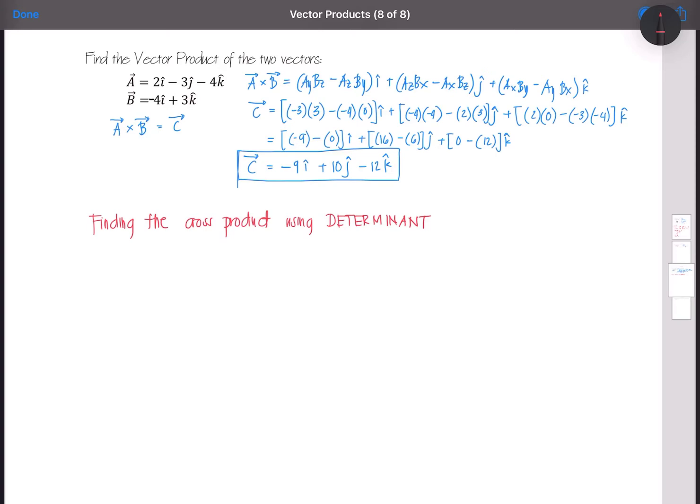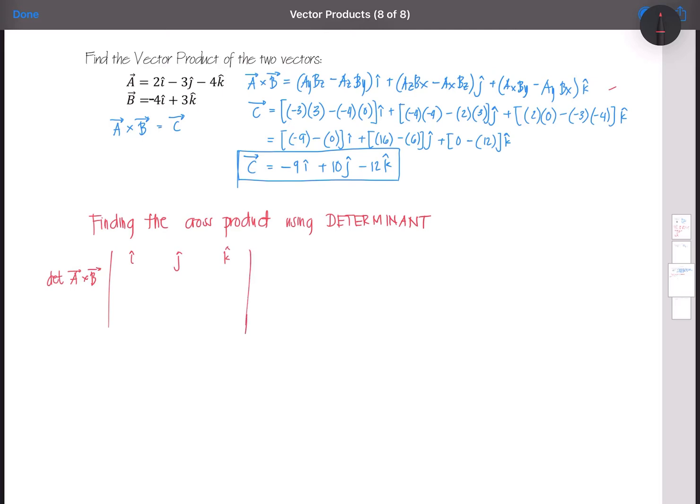If you still did not encounter this, this is how we do the determinant. You'll notice that the formula we will arrive at is quite similar to the first example, solving for the cross product using unit vectors. To get the determinant of A cross B, we write three columns: i hat, j hat, then k hat.